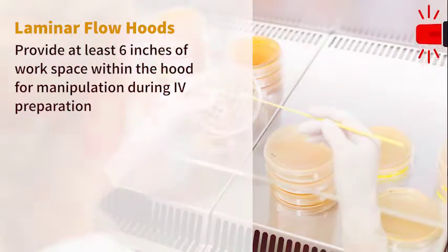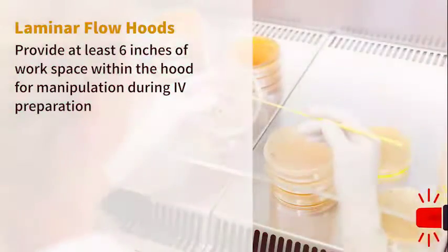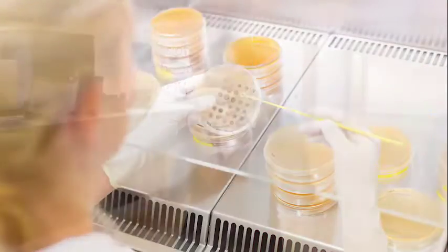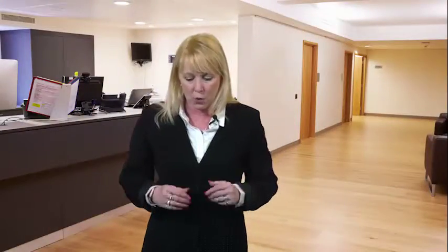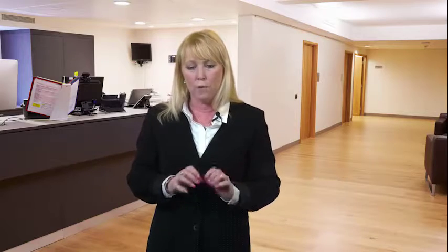It's important to provide at least 6 inches of workspace within the hood for manipulation during IV preparation. So you have to think of this: if you had the edge right here, and you're working on whatever it is that you're mixing, this IV preparation, and you were this close, you have the ability to contaminate the product because you're too close to the edge.